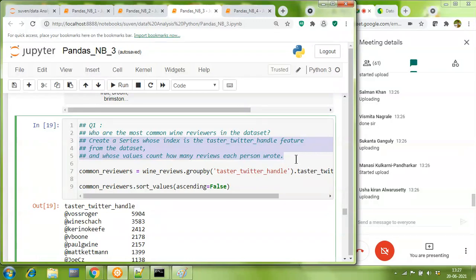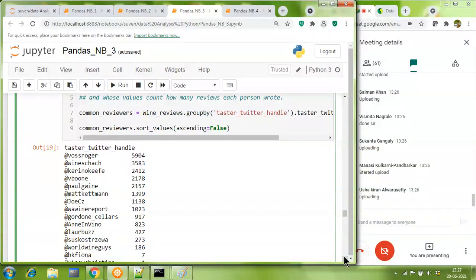We need to find the most common wine reviewers from the dataset, and the count of how many reviews each person has written. Absolutely. Fantastic. And I don't think I can explain better than this. Very good. So, as my friend very correctly explained, we basically need to get this kind of an output.